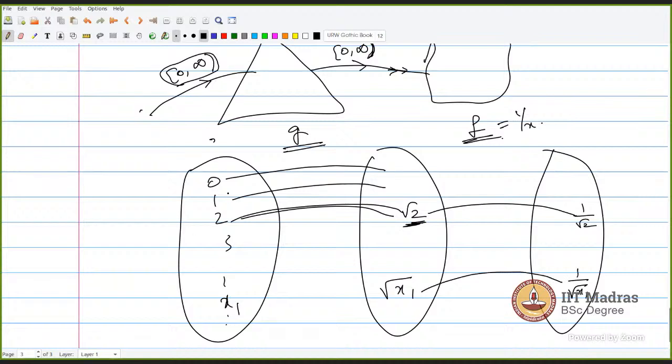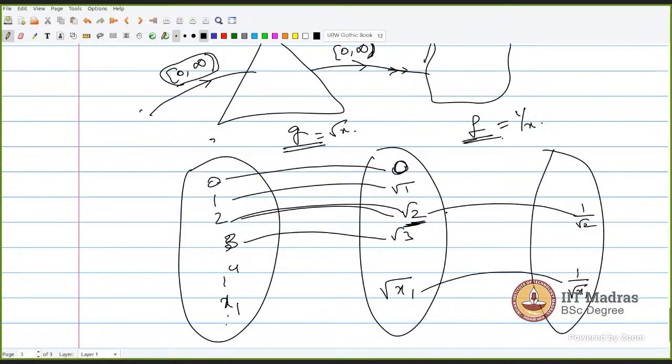So these are just mappings. Function is a mapping. So this particular 0 will map to 0 here. And this particular 1 will map to root 1, which is 1 again. Like this particular 3, because this is root x. And this is a function and it is a mapping. So 3 will map to root 3. 4, whatever input I take, root over that will be my output.